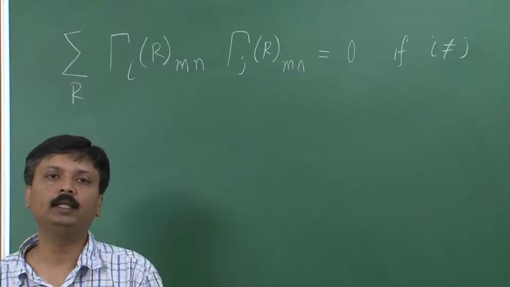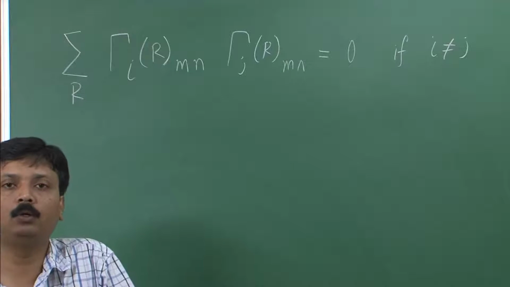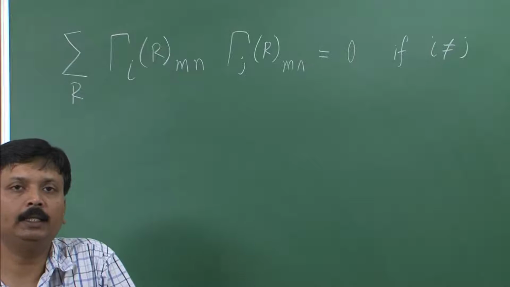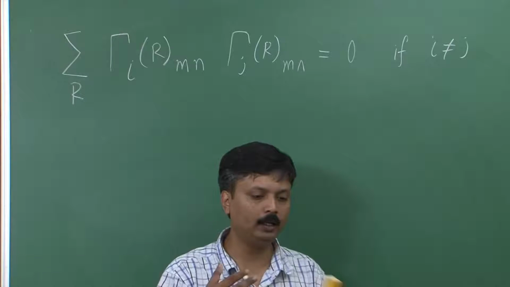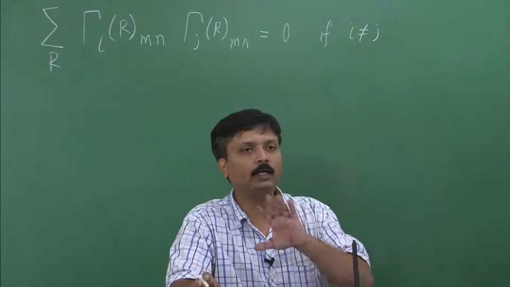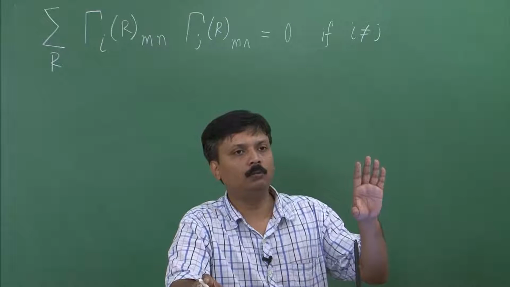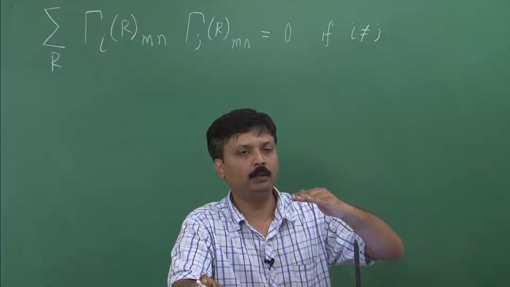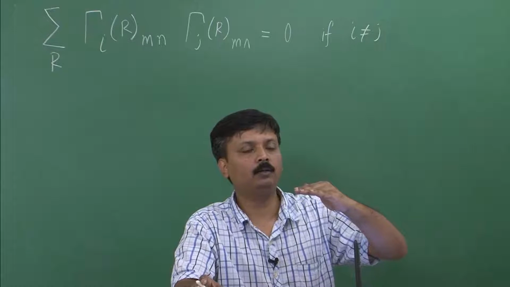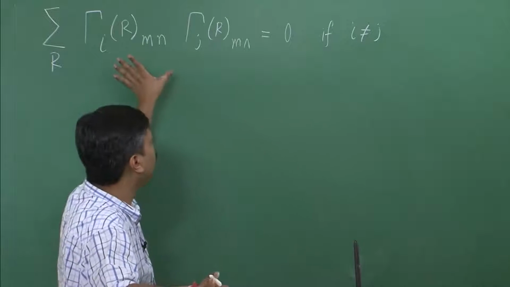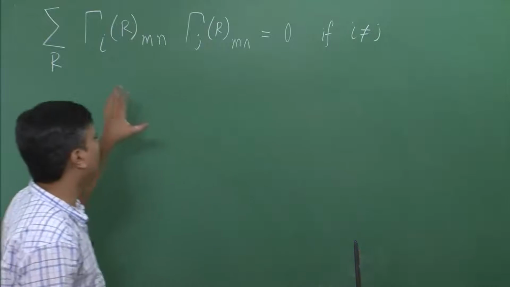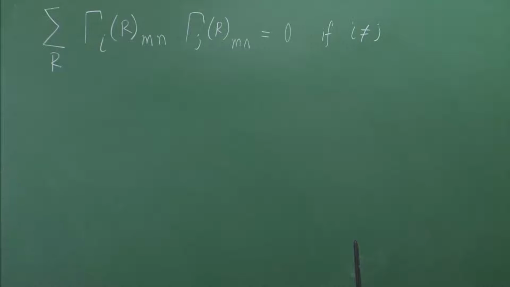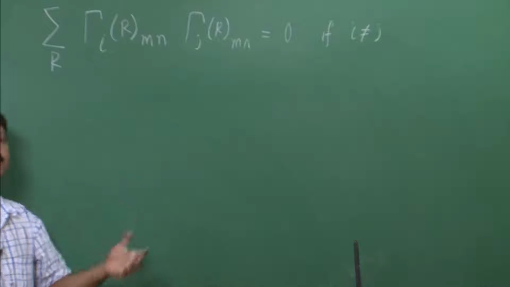What does this mean? If the elements do not belong to the same irreducible representation, then they will be orthogonal. So if I look at any character table, I have two different irreducible representations, right. If I multiply the characters of two different irreducible representations, then they will give me 0.